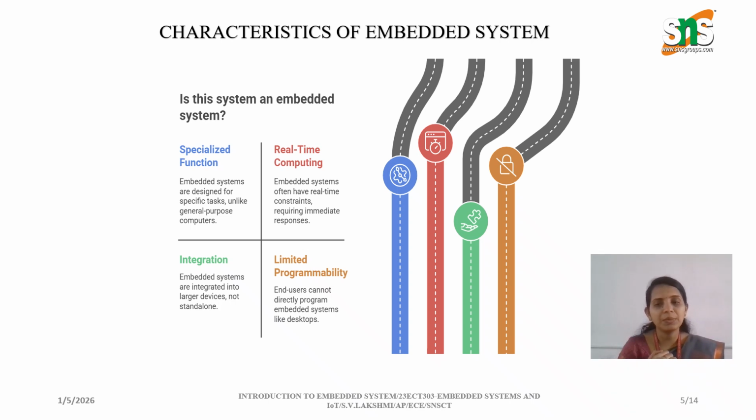A lot of real-time applications, from consumer electronics to healthcare and the industry sector, all work in real time. And there is integration into larger devices, so not only standalone embedded systems but also integration with large devices, and limited programmability, where the end users cannot directly program embedded systems like desktops. These are the features of an embedded system.